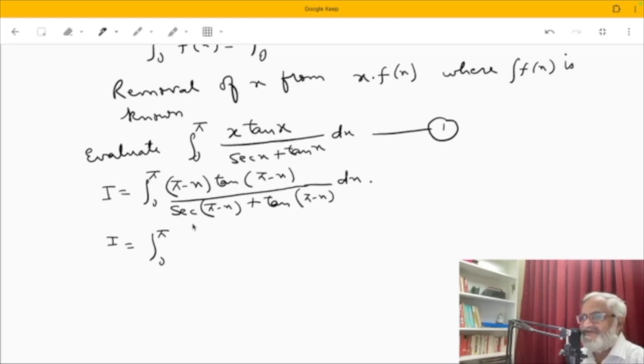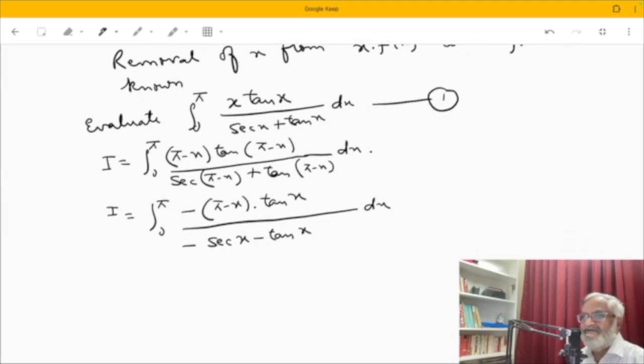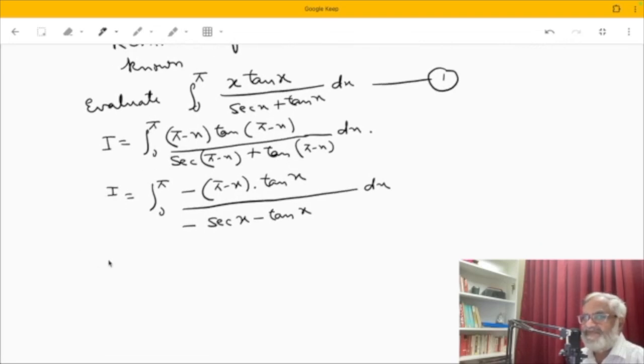So this numerator becomes minus pi minus x into tan of x, whole upon sec of pi minus x is minus sec of x, and again tan of pi minus x is minus tan x. So I equals integral 0 to pi.